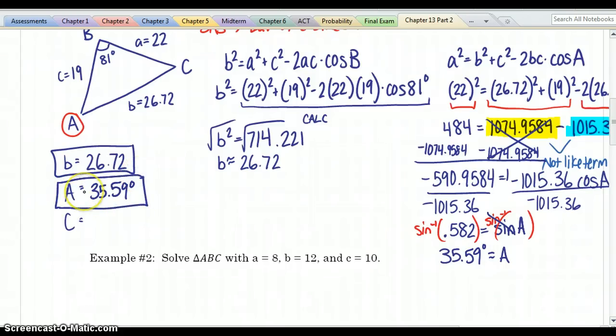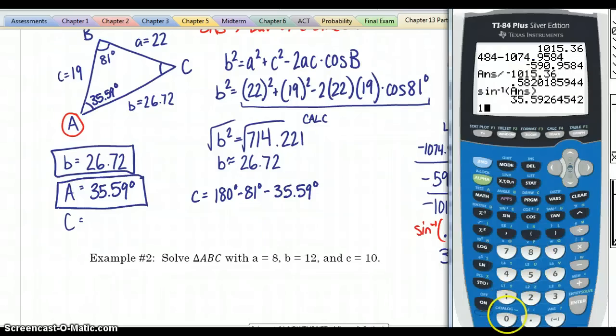Now I just have my angle C to solve for, and that should be the easy one because I now know two of my angles. Alright, I know angle B is 81 degrees and I know angle A is 35.59. So I just have to subtract from 180. So C is going to equal 180 minus 81 minus 35.59 degrees.